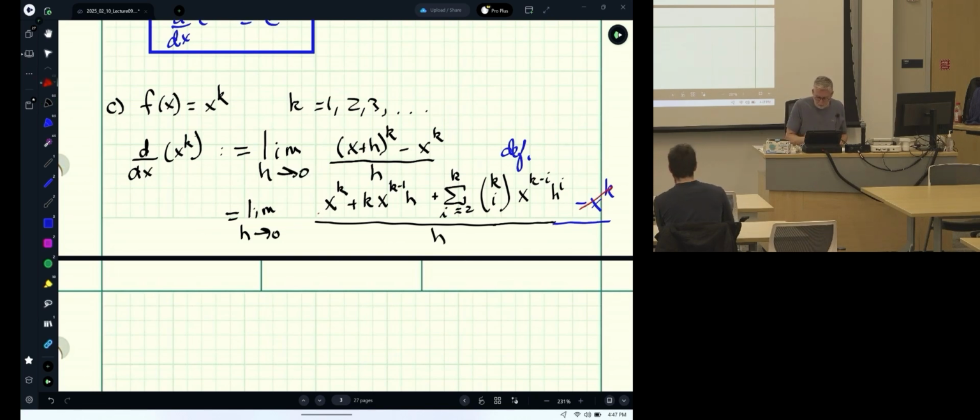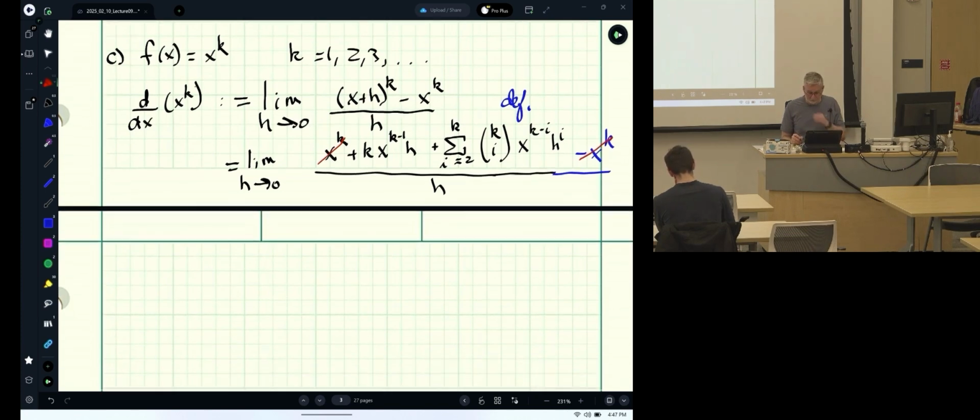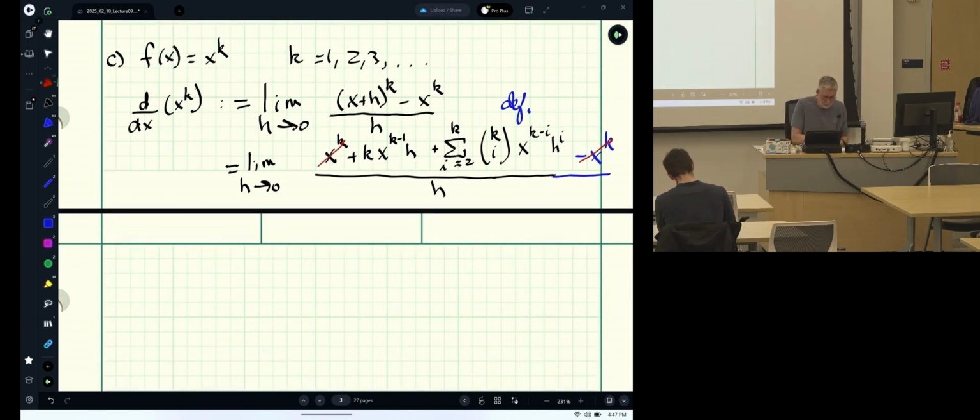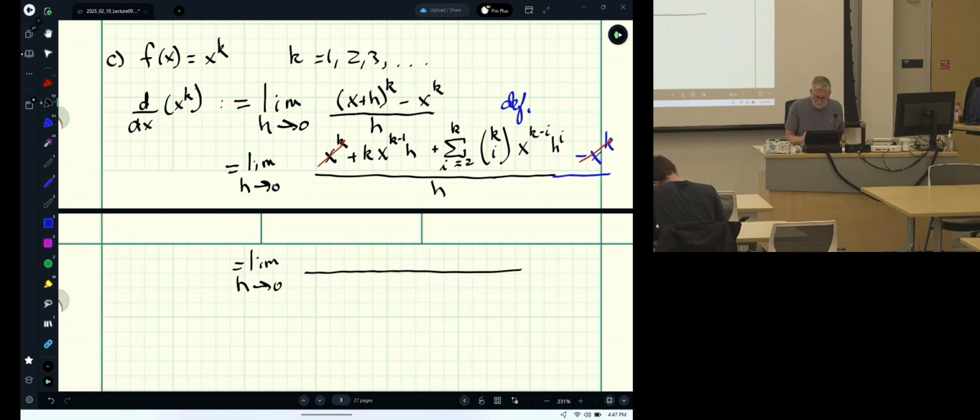This and this cancel. So we'll rewrite our limit. And so this is k x to the k minus 1 times h, plus the summation i equals 2 to k.